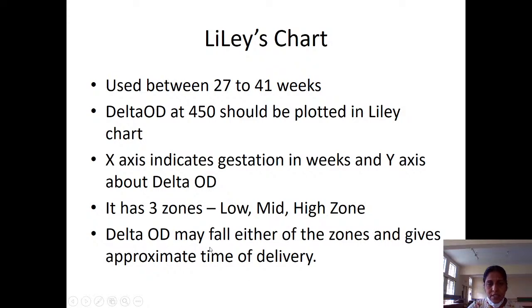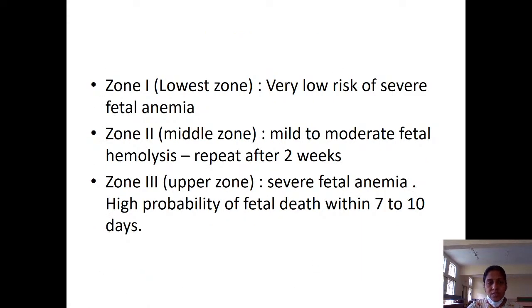Delta optical density in the high zone, and in zone 1, that means the lowest zone, there is very low risk of severe fetal anemia. Wait for delivery, do not terminate the pregnancy early, just surveillance.